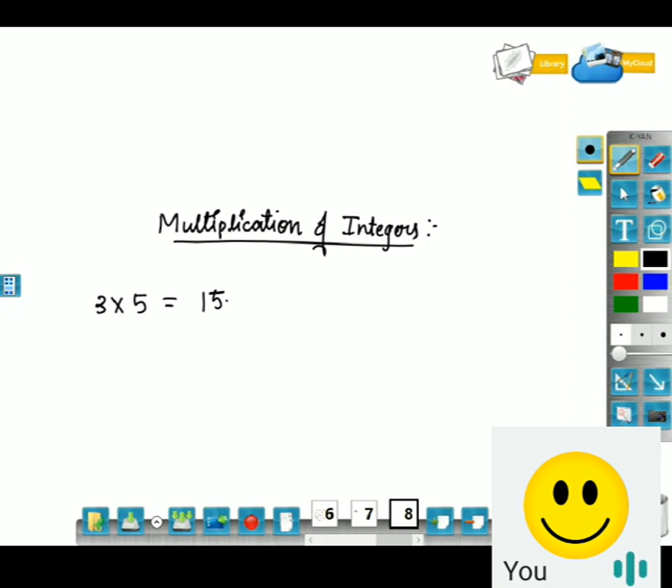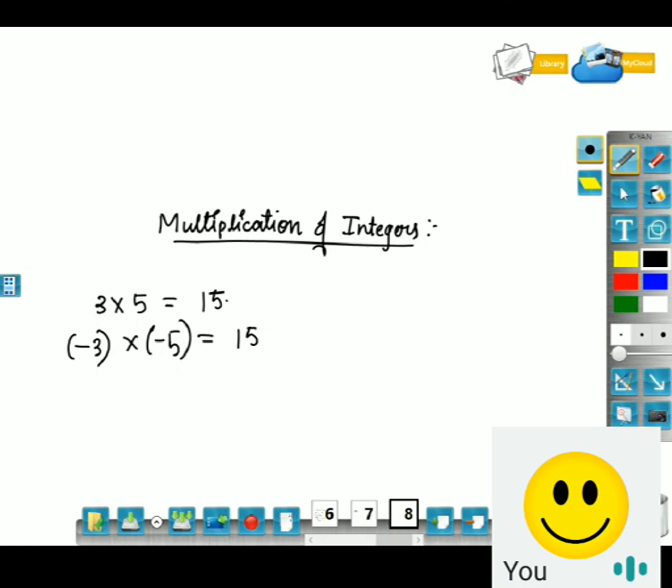Same way, if you multiply any two negative integers, like minus 3 into minus 5, what will be the answer? It will be plus 15. So when the signs are the same, on multiplying, we'll get a positive answer.